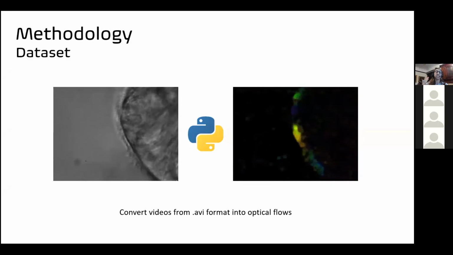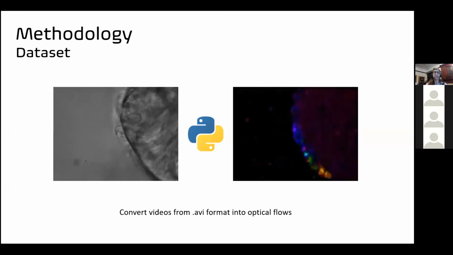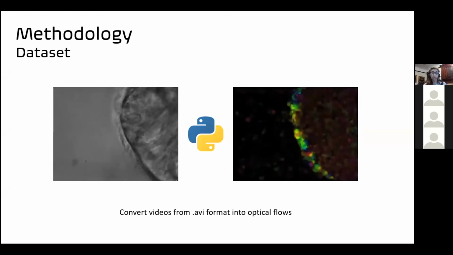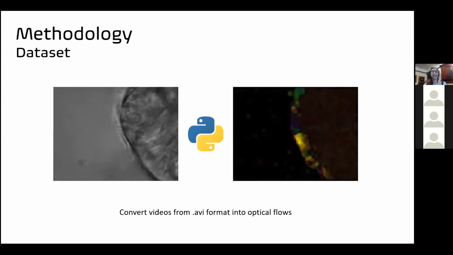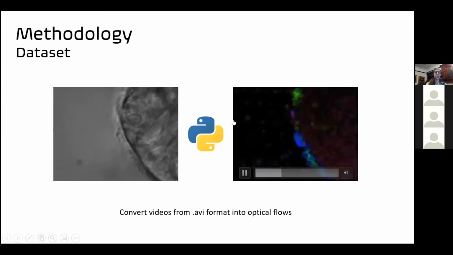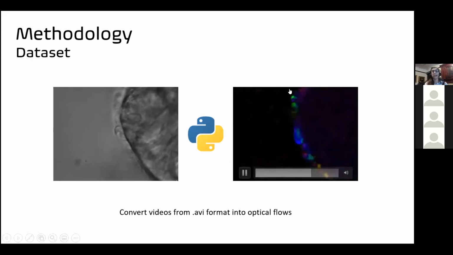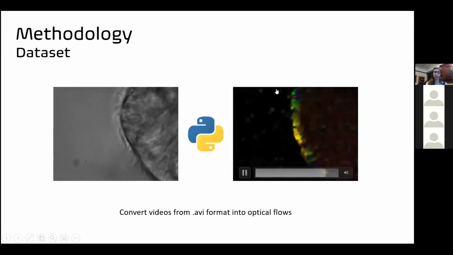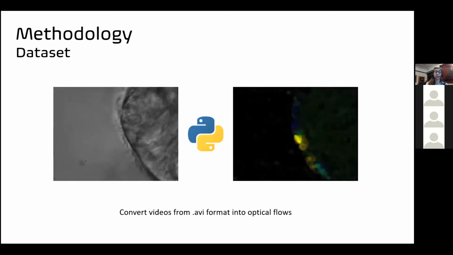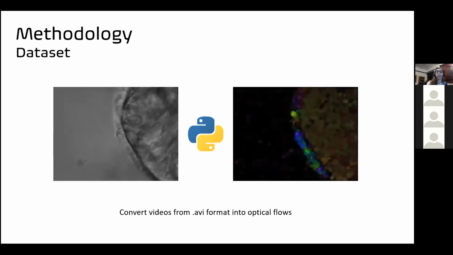These are things we can measure, but not only that, the machine will use these optical flow images to train. We're not giving it the original video anymore, just this type of material, and we are doing this using a Python script.